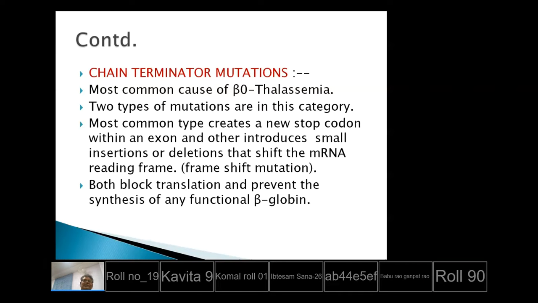And if there is insertion or deletion of some nucleotide in between, mRNA synthesis is also disturbed. That is known as frameshift mutation. Both block translation and prevent the synthesis of any functional beta globin. So the most common cause of beta 0 thalassemia is chain terminator mutation.